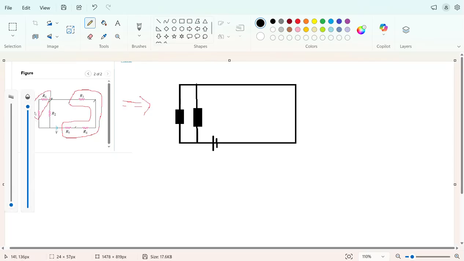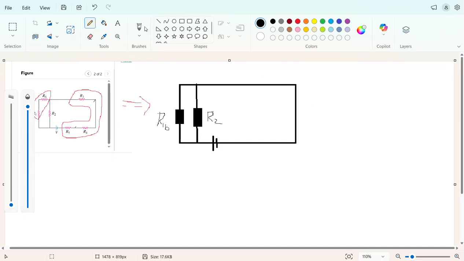When I combine R1 and R6, there's going to be an equivalent resistance there of R1,6. Since these are in series, I'm just going to add those together, and that gives you that value there. R2 we had to just leave alone because there was nothing over here that's simple series or simple parallel.